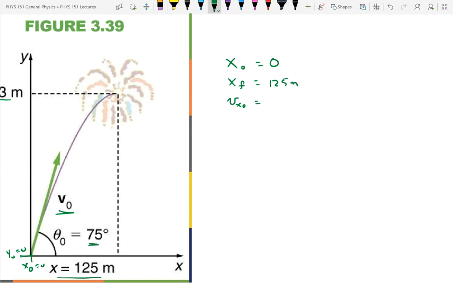Vx initial is equal to, I know the angle, but I don't know the magnitude. And I need to get just the x part. So how can I take that unknown v-naught and find just the x component of it?